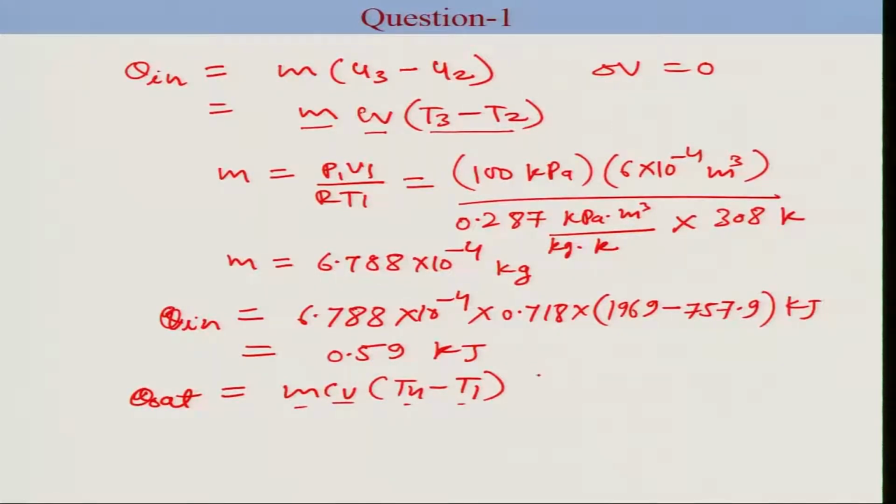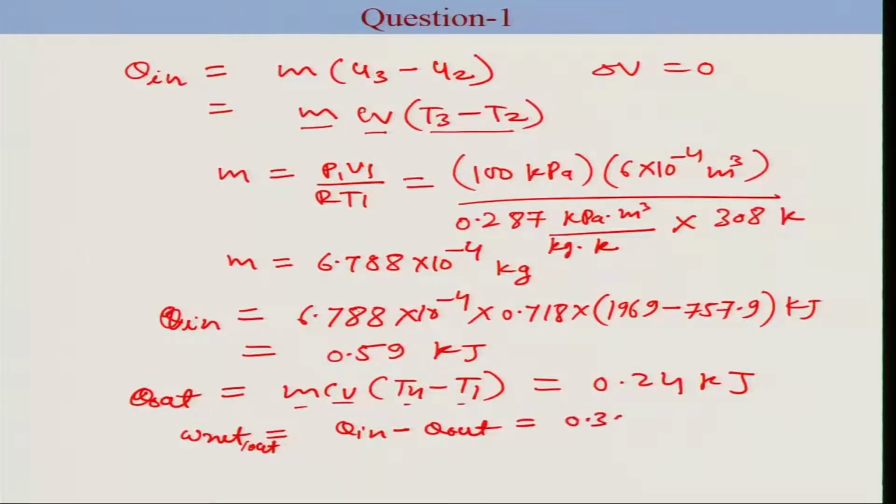After plugging in these values here, we get 0.24 kilojoule. And W net out will be equal to Q in minus Q out. So, this gives 0.35 kilojoule.